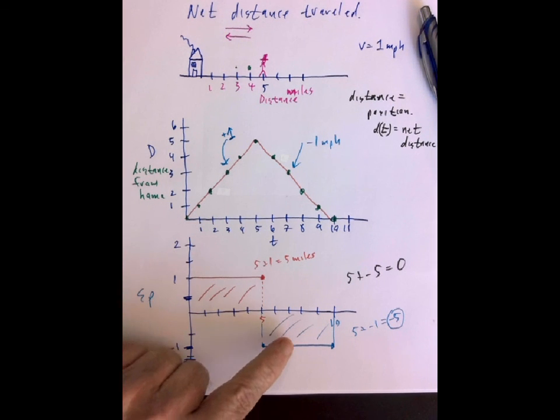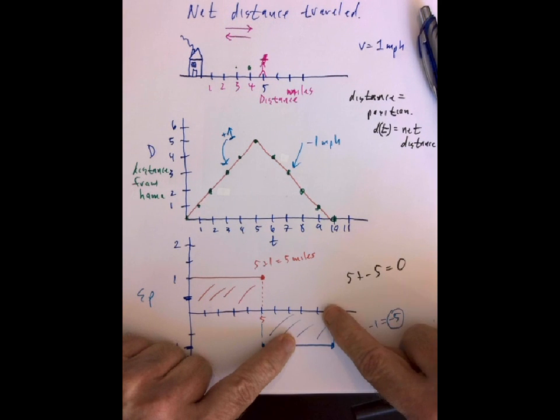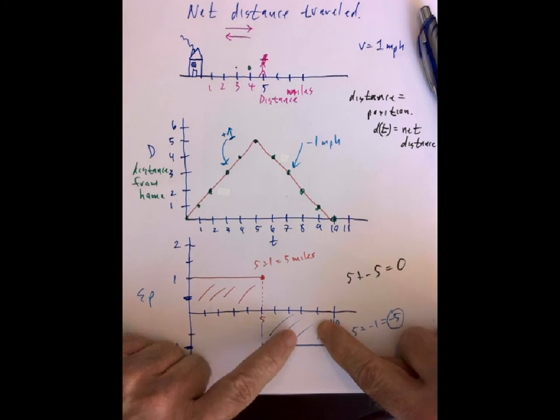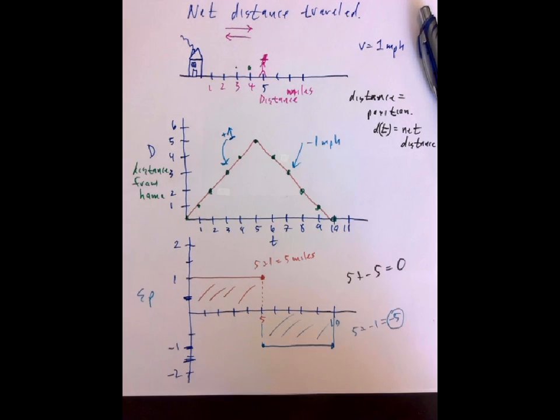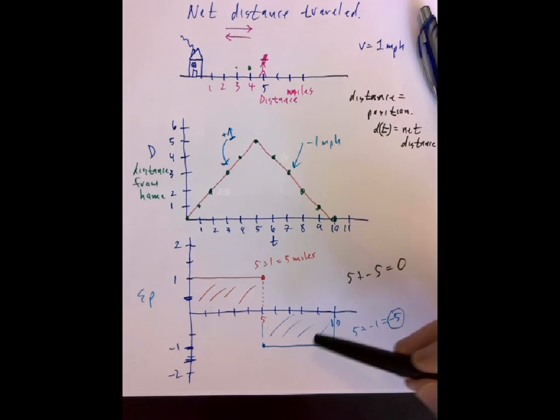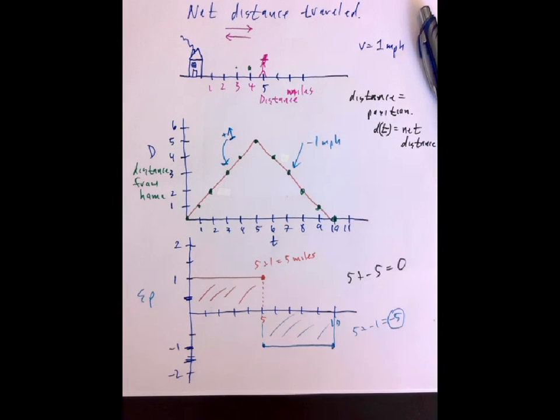Any area between the curve and the x-axis that's below the x-axis, that's a negative distance, and the two will cancel each other out when we're estimating areas under the curves.